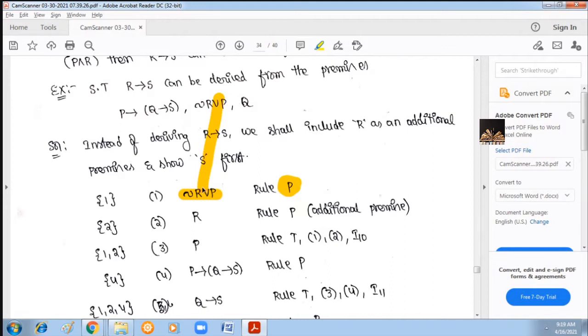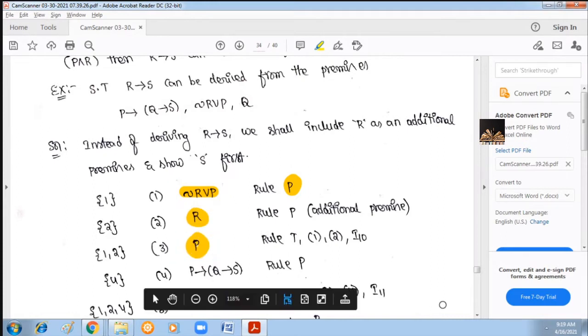Now you need to derive S from this set of premises and one additional premise R. So you have to eliminate P, Q and R. I am taking one premise, negation R implies P, and one additional premise R so that R will get eliminated and the leftover will be P.